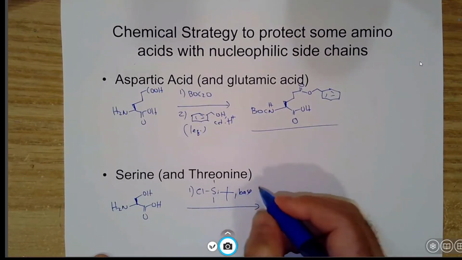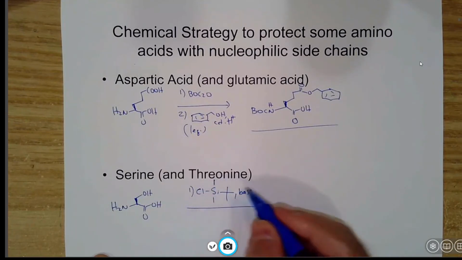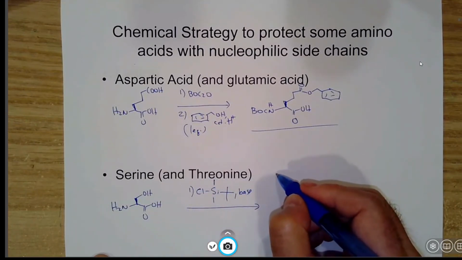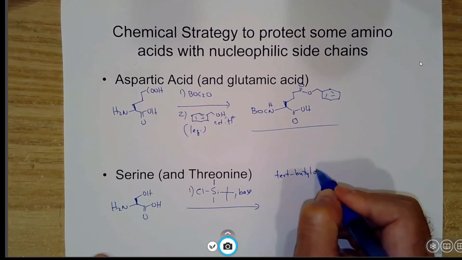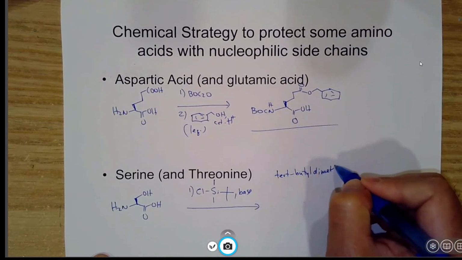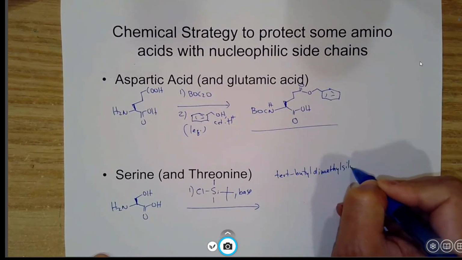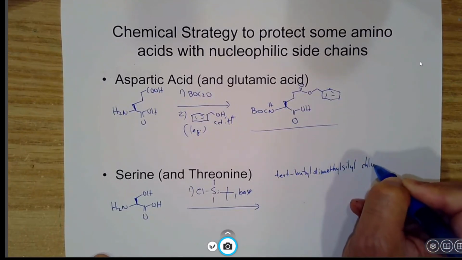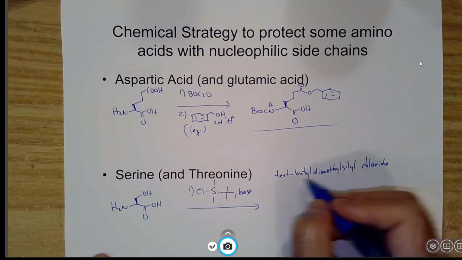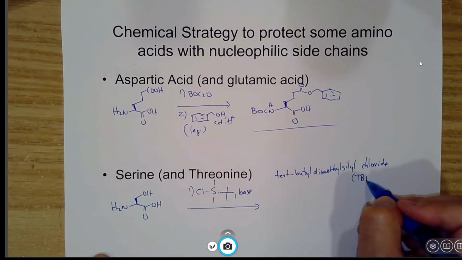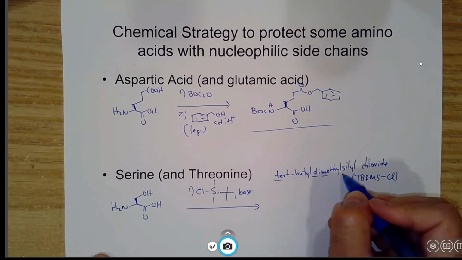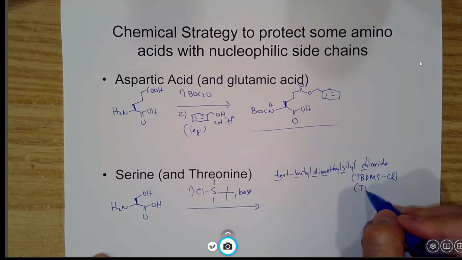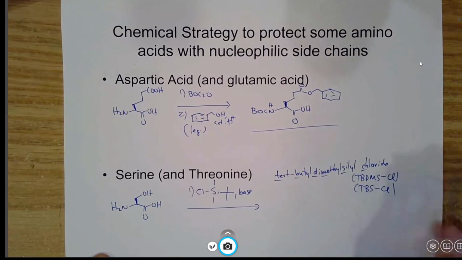So if we treat this compound with the silicon protecting group, this group is called tert-butyldimethylsilyl chloride, also known as TBDMS, also abbreviated as TBS chloride.